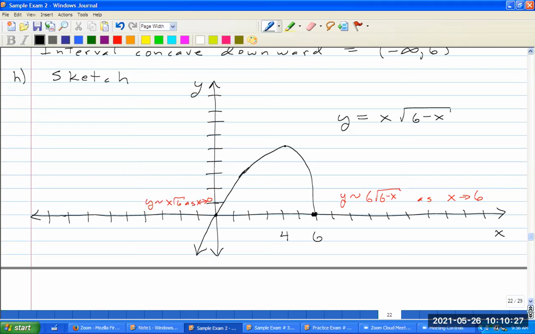So I have a maximum here of 4. 1, 2, 3, 4, 5. Good. It should be bigger than that. So 4 rad 2 is your maximum.